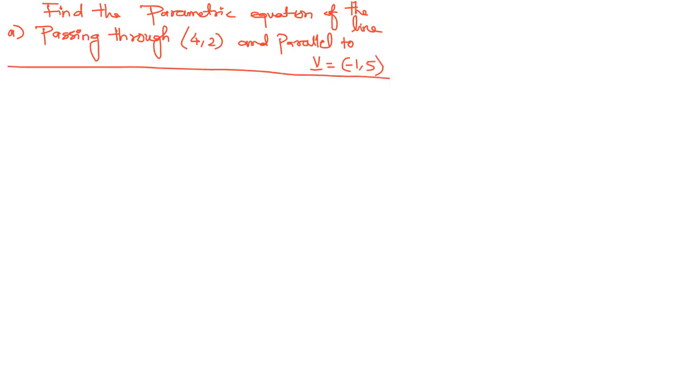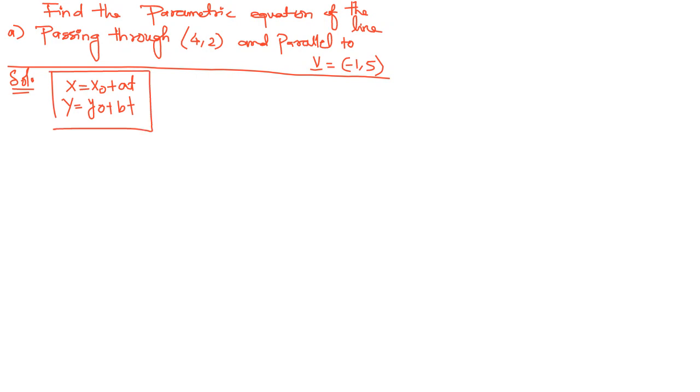In this case, you have a point in two dimensions and a vector in two dimensions. For two-dimensional cases, the parametric equations are x is equal to x naught plus at, and y is equal to y naught plus bt.